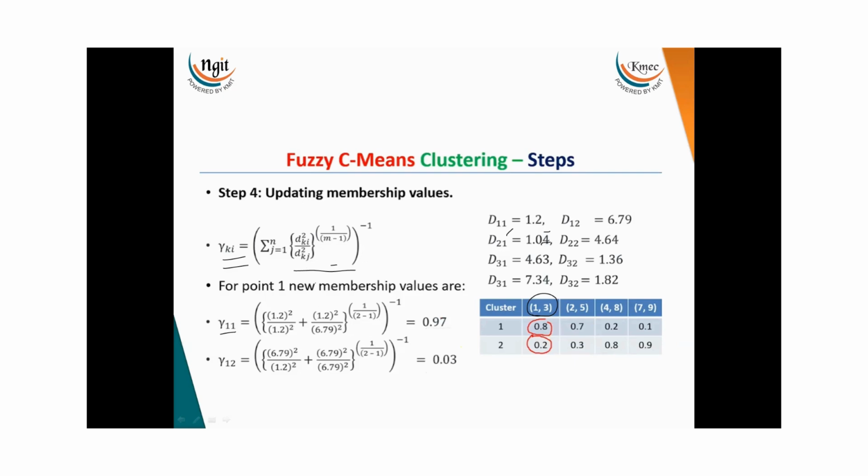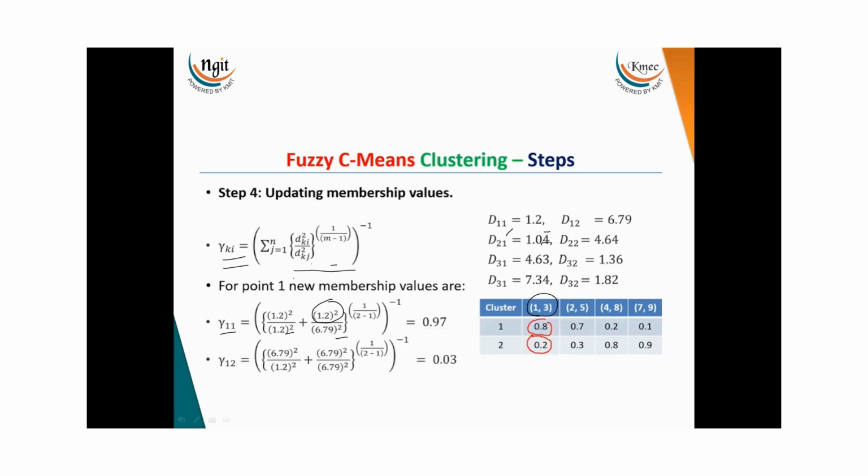Again, if I keep these values, the 1.2 will remain the same because d_ik is d11. So it will be 1.2 whole square divided by d_kj. Here j represents the number of clusters. First time we talked about the first cluster, now I'm talking about the second cluster.